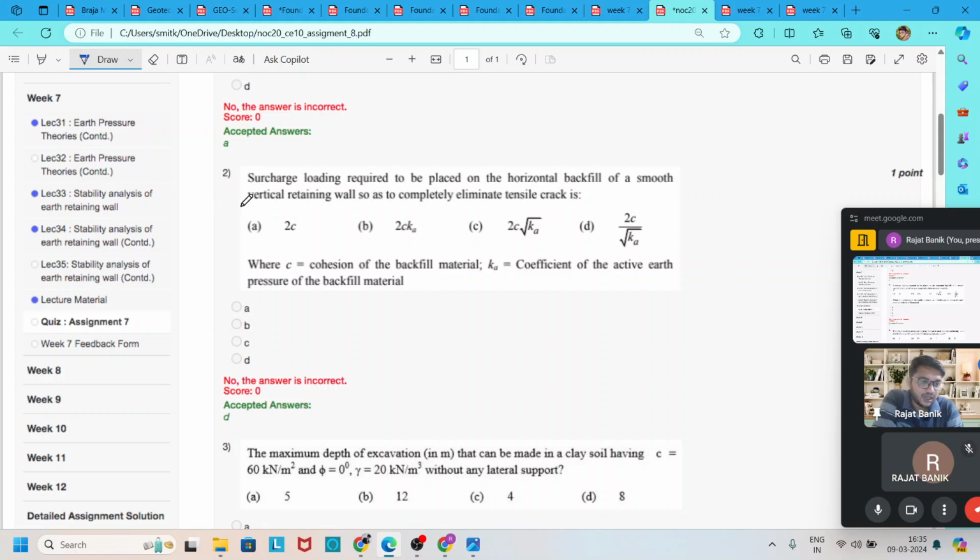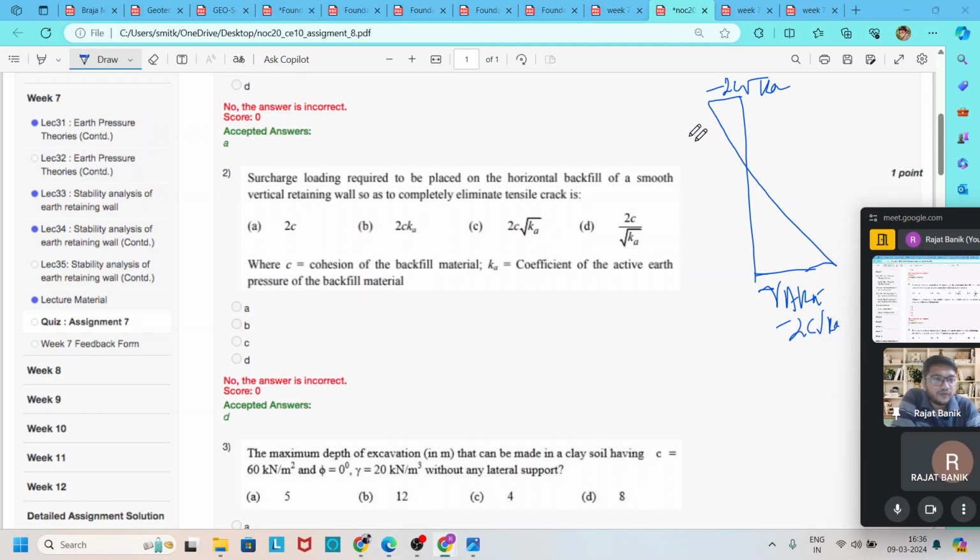For the active case, the pressure diagram is like this. At the top it is minus 2C root over Ka, and at the bottom it is gamma into H into Ka minus 2C root over Ka.